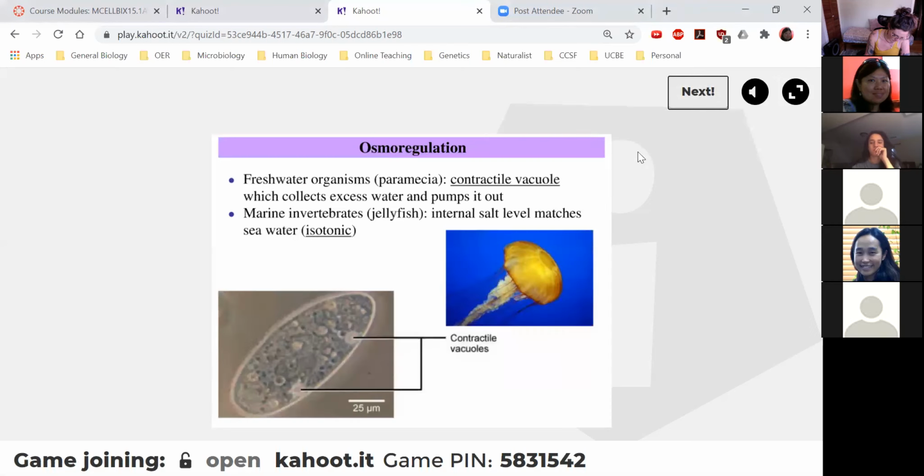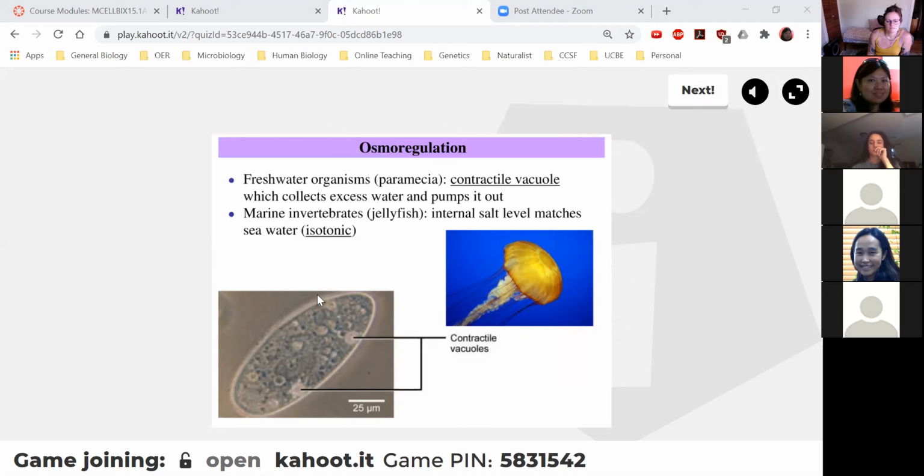So plant cells do have different requirements. This is a bit on the side, but I have the slide, so I thought I might as well mention it. A lot of the protozoa, like paramecium over here and amoeba, live in fresh water.